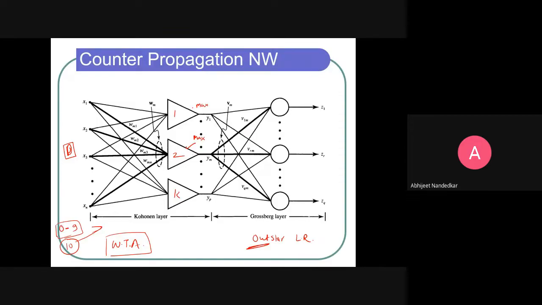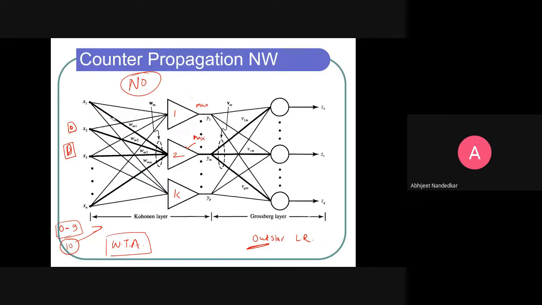Is it possible to get such kind of output using WTA? So the answer is no, because we randomly assume weights and we cannot ensure that this will be the winner. So there is no guarantee.